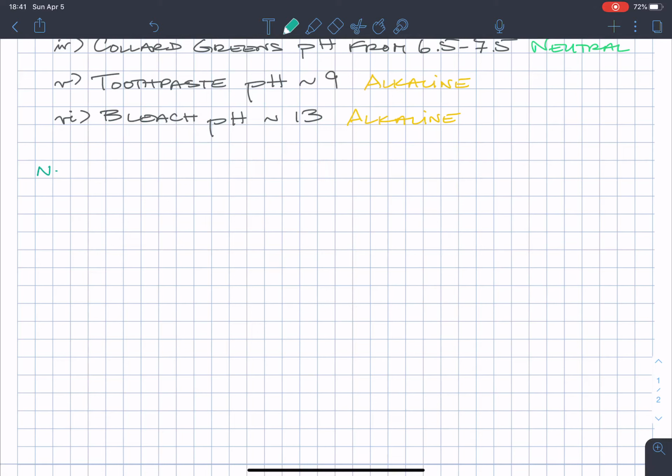So note, the pH scale, hence the word scale again, much like logarithms, the pH scale is logarithmic. So definition.